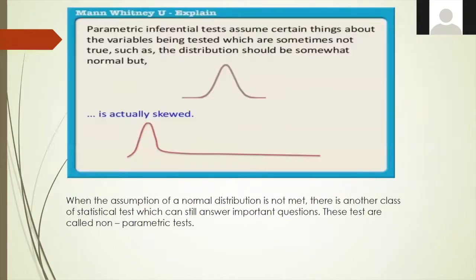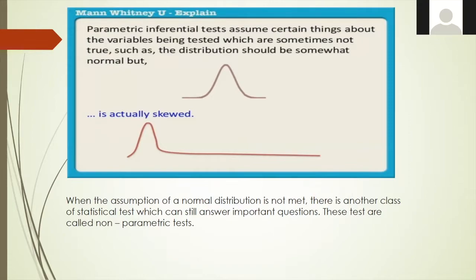Parametric inferential tests assume certain things about the variables being tested, which are sometimes not true, such as the distribution should be somewhat normal, but is actually skewed.